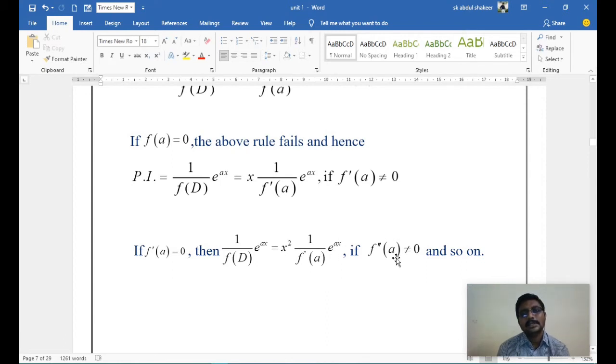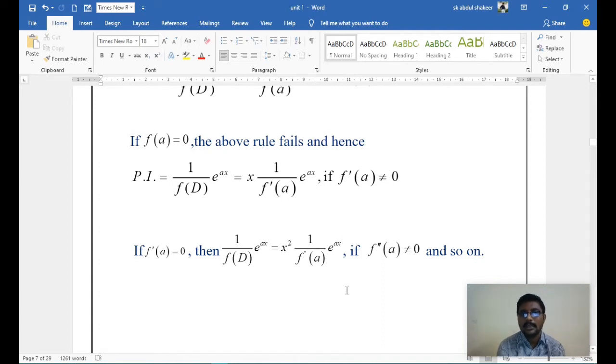Suppose f double dash of a is equal to 0, then this case is also a failure case. In such case, we again differentiate the denominator function with respect to D, so that we get f triple dash of D, and then put D equal to a, and the numerator x square is increased by 1 power, that is x cube.